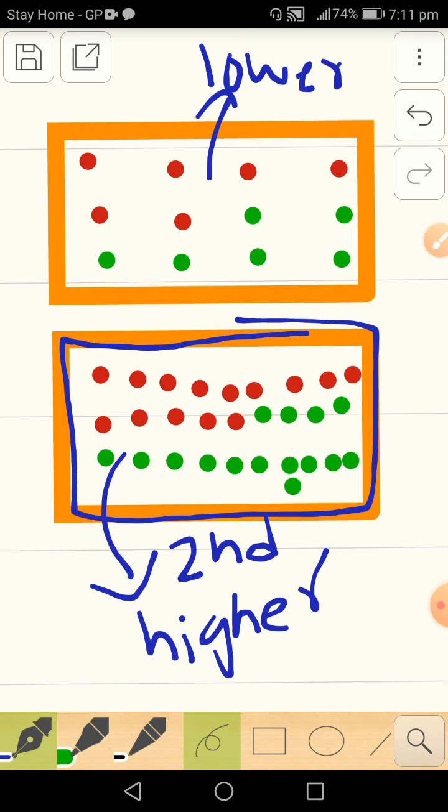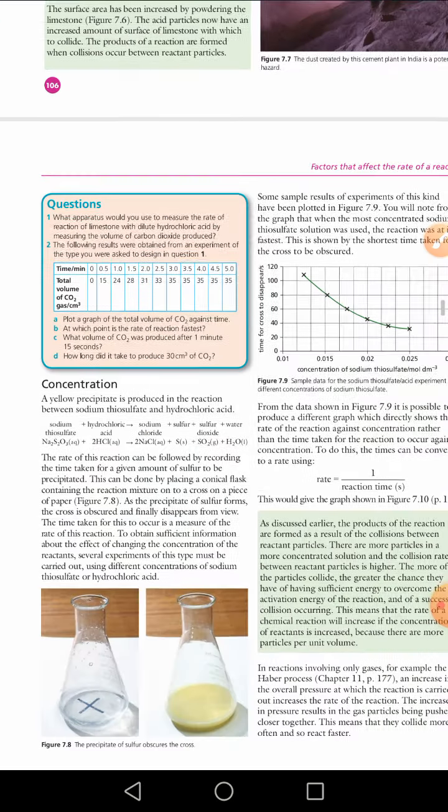So there is a higher chance and frequency of collision between the particles, and so the rate of reaction would be higher. Okay? So that's the case of concentration.